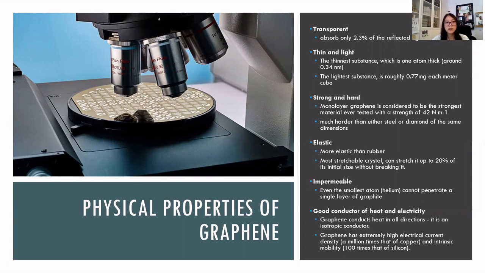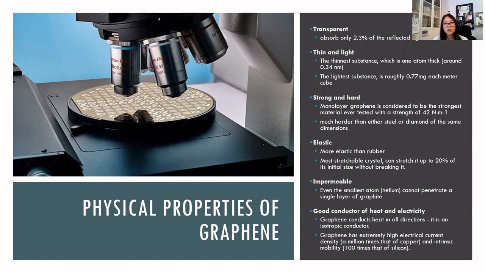The first physical property of graphene is that it is transparent and absorbs only 2.3% of the light. Furthermore, graphene is thin and light. It is found to be the thinnest substance, one atom thick, around 0.34 nanometer, and it is the lightest substance as well, roughly 0.77 mg per square meter.